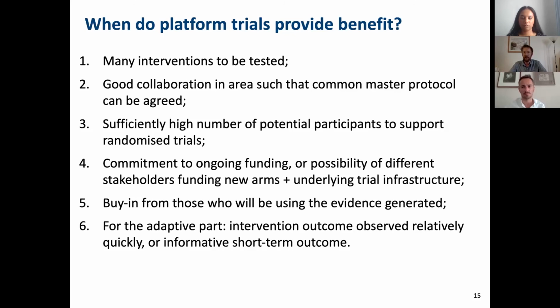We also need good collaboration in the area such that a common master protocol can be agreed. We need a shared control group that everyone can agree on. We need overlapping outcomes used in each evaluation. To some extent, we need participants to have the same inclusion-exclusion criteria for all arms, although you can deviate slightly from that.